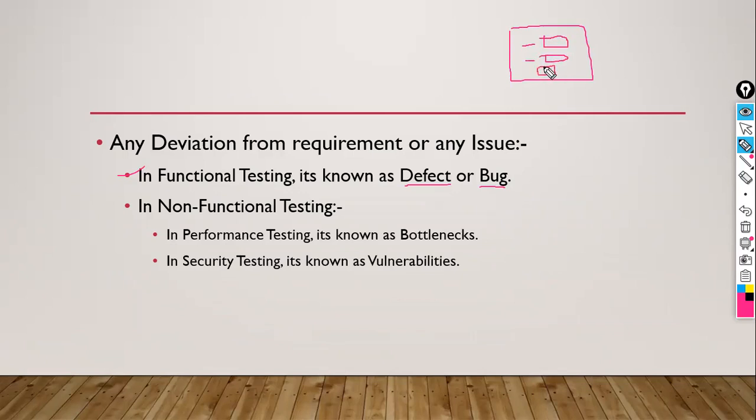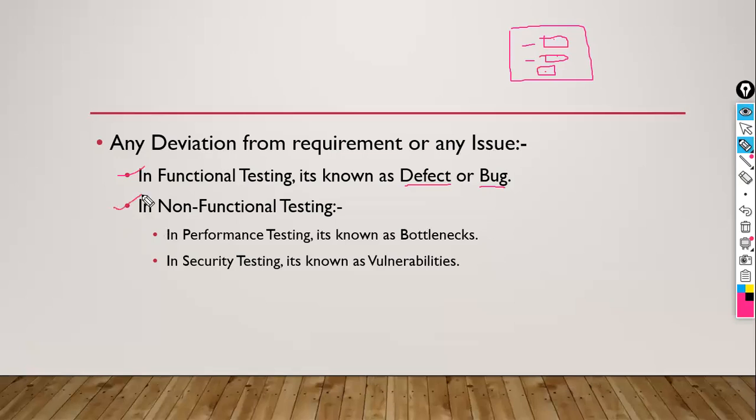The requirement is that once after entering the username and password, if we click on login, it should go to the respective user homepage. If you click on login and it is still not going to the homepage of that user, that means there is some deviation. That deviation in functional testing, we call it a defect or bug.